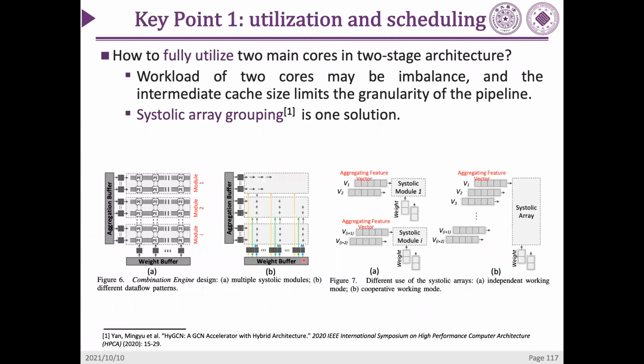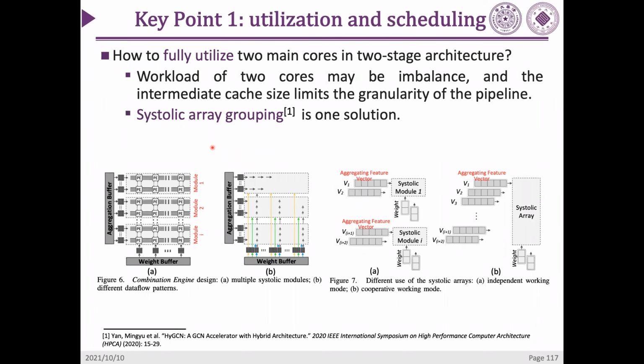So we found some of the key points in GNN designs, and we're trying to share them with you. The first problem is the utilization and the schedule, which is mainly to be solved by the two-stage architecture. Unlike the convolutional neural network, which is mainly bounded by the convolution operation, that is computation bound, the graph neural network contains 2 kinds of operations, and the calculation amount of the 2 operations is very different in different models.